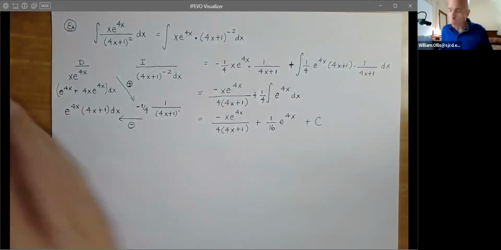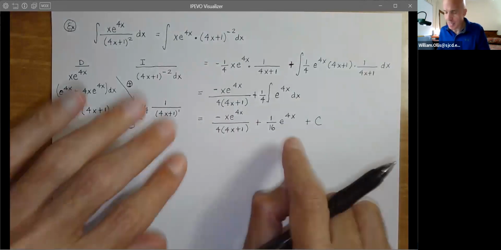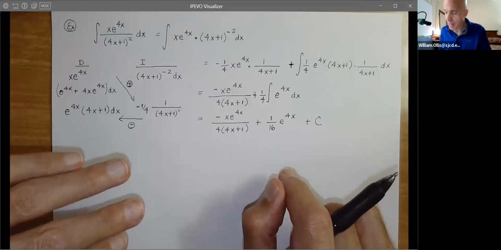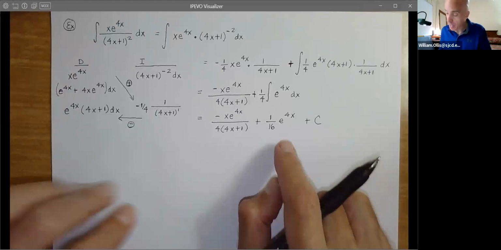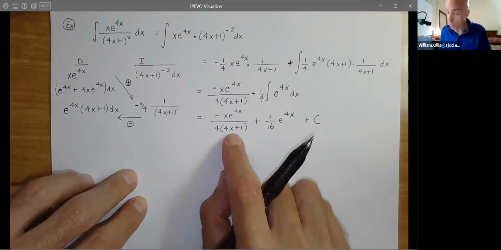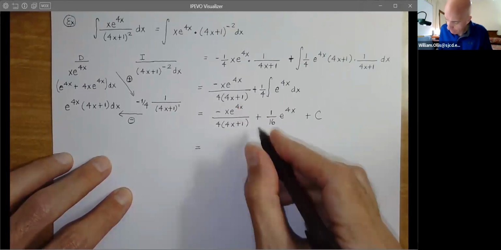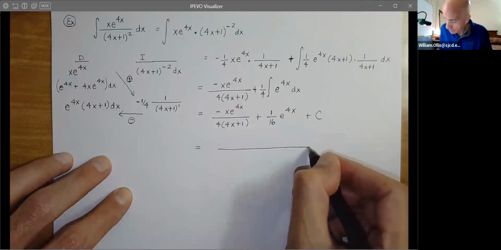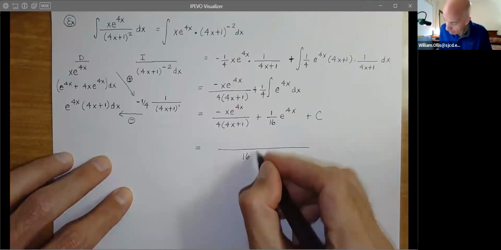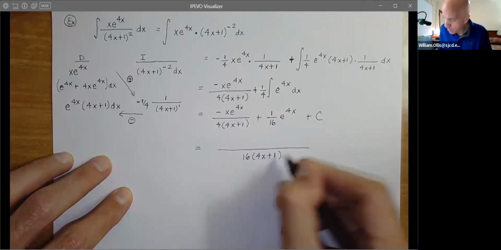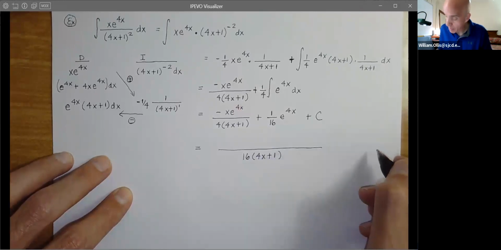Now this is the antiderivative here. And again, if you wanted to make this look a little bit nicer, we can get a common denominator here of 16 times 4x plus 1. So let's just do that and see what happens. Don't have to do it, but just a little bit of algebra practice.